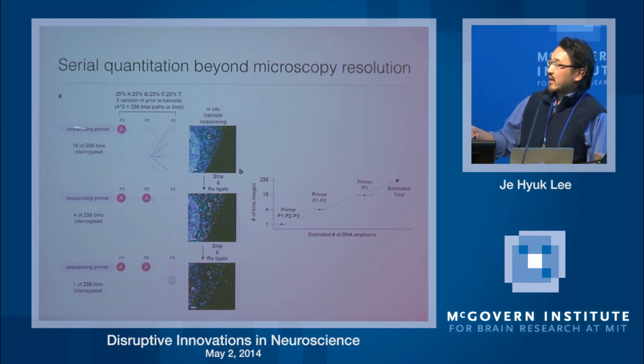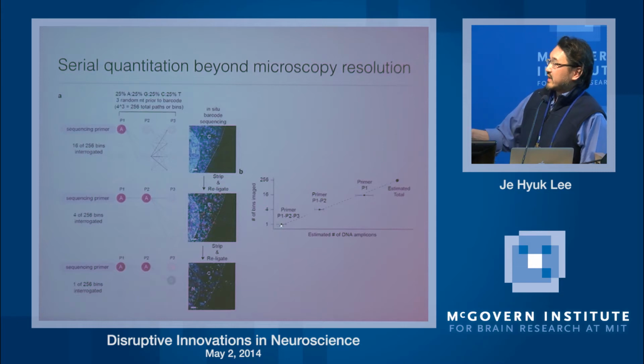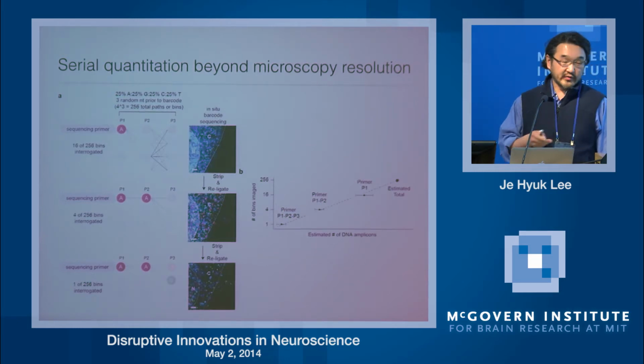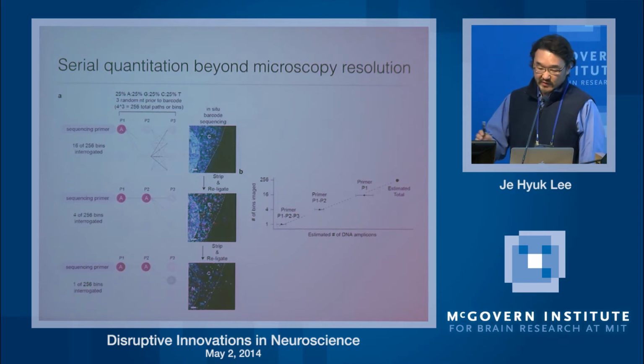So you are sequencing all the molecules that are present, but then if you strip that and extend the sequencing primer by 1, you're detecting 1/4 of the density that's present here, you extend it by another, that's 1/16 of the original density here. So if you keep doing this, you can make a serial titration curve from the images that you have. So even if at this point you can't individually count objects accurately, you can extrapolate the molecular quantities for every single gene that you have.